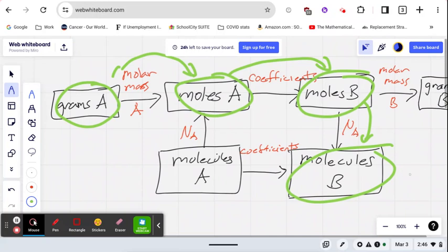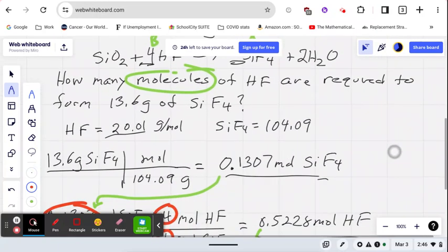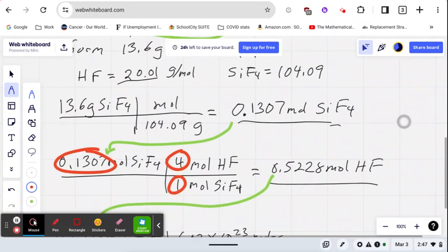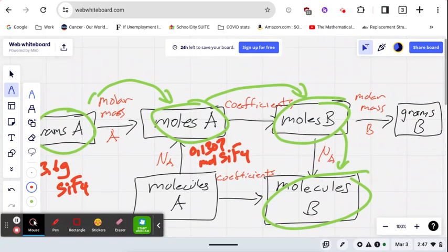So we start off with 13.6 grams here. That turned into 0.1307 moles of SiF4, and then we turned it into 0.5228 moles of HF.